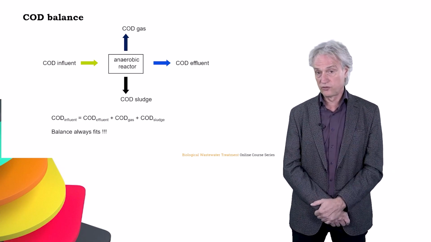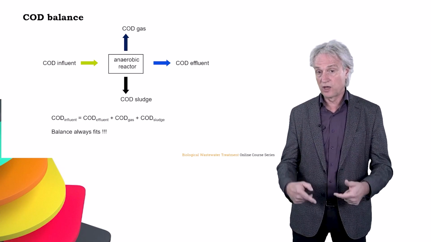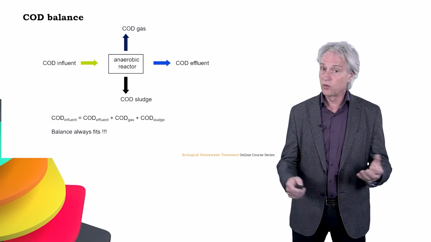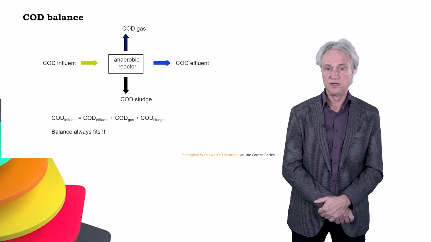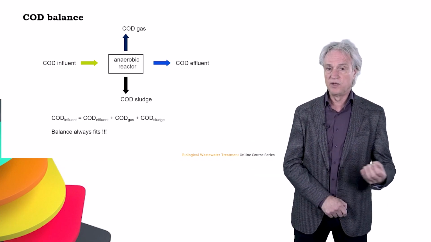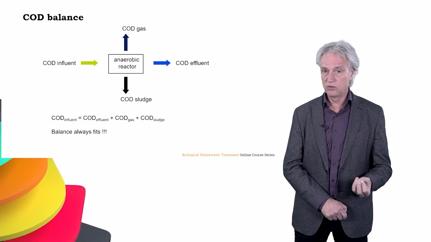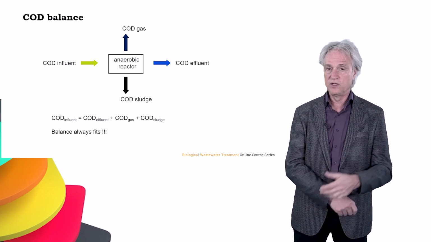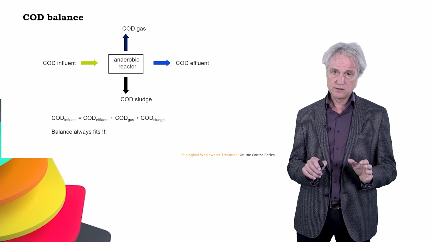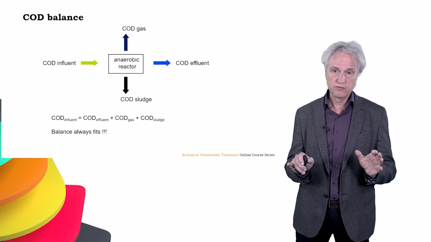We also have new sludge growing, and that is COD sludge. And not all the influent COD will be converted, so there will be part of the COD in the effluent. That means the COD influent is equal to the COD effluent plus the COD gas plus the COD in the sludge. And this balance always must fit.